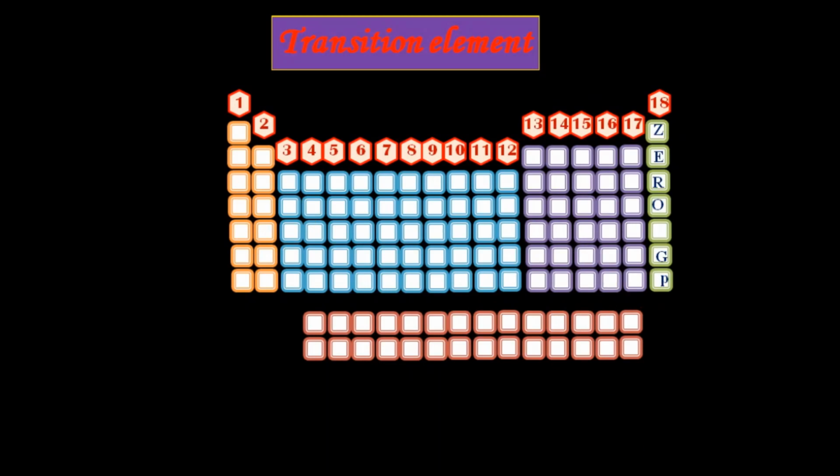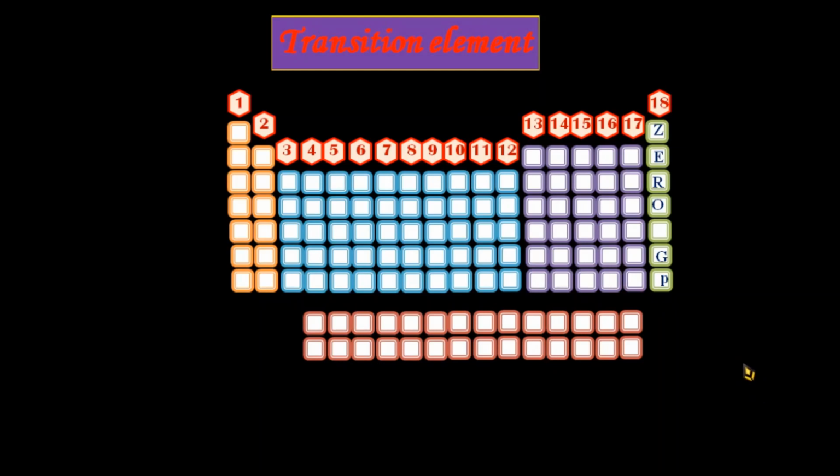In other words, they represent a transition or change in properties from S block to P block, and are therefore called transition elements. Means the properties of these D block elements lie between those of the S block and the P block. So they are called the transition elements.